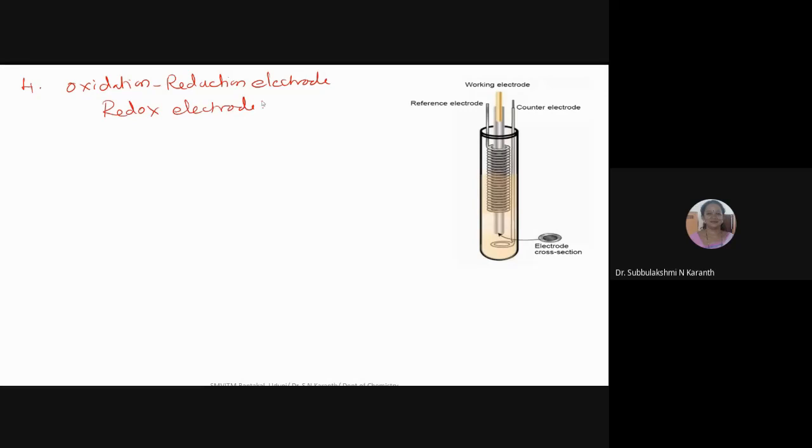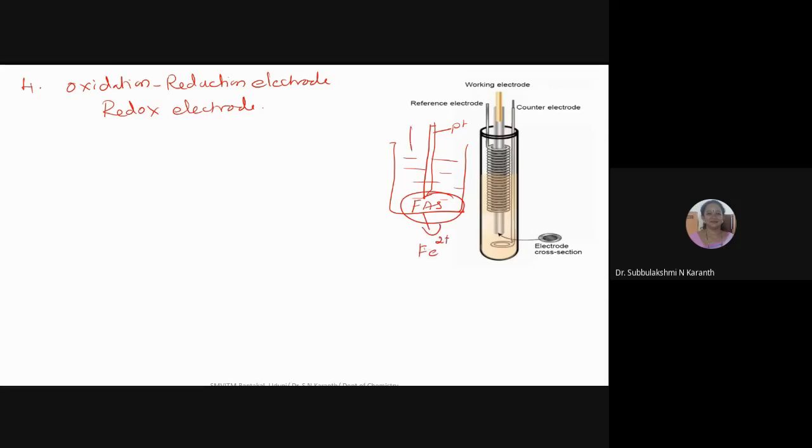It's like a simple platinum wire inserted in a solution which can show variable oxidation states. Like a platinum wire is introduced into a ferrous ammonium sulfate solution, and this solution contains Fe2 plus ions.